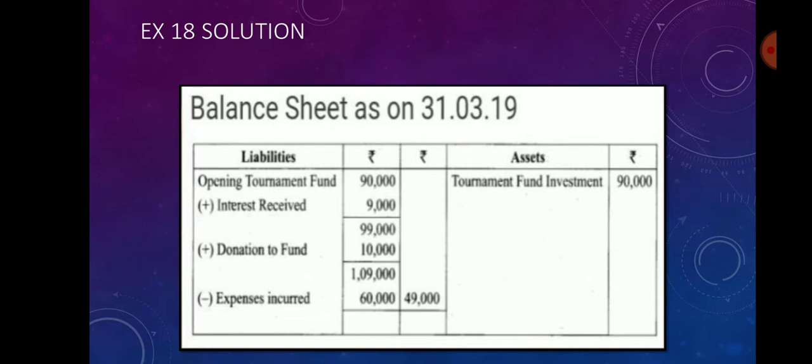And expenses relating to the fund should be subtracted from the tournament fund. 1,09,000 minus 60,000, we get 49,000. The result is liability side tournament fund rupees 49,000 and asset side tournament fund investment rupees 90,000.